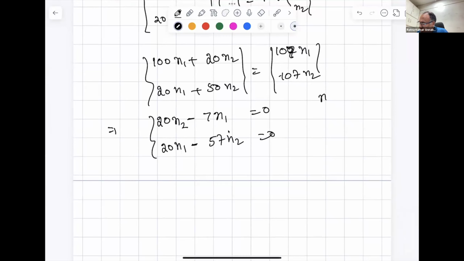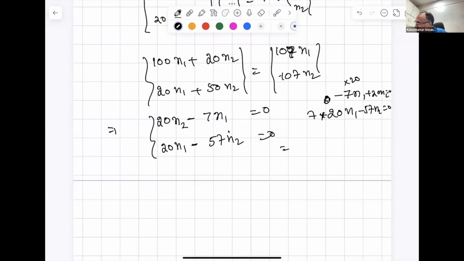So, what do I get? Can I solve these two equations? So, minus 7 N1 plus 20 N2 is equal to 0. 20 N1 minus 57 N2 equal to 0. Multiply the first by 20 and the second by 7.